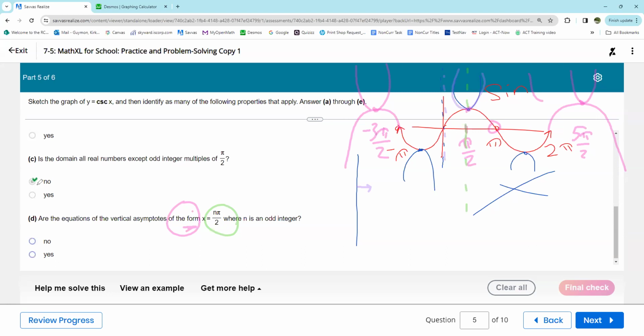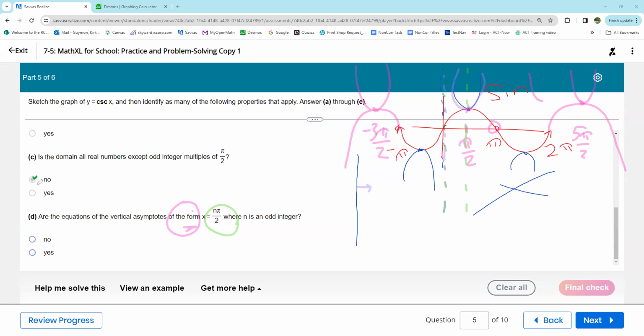My vertical asymptotes are on the pi's. My vertical asymptotes for this are on the y-axis, at 0, and over here at the negative pi. So no, was it on the pi over 2's? No.